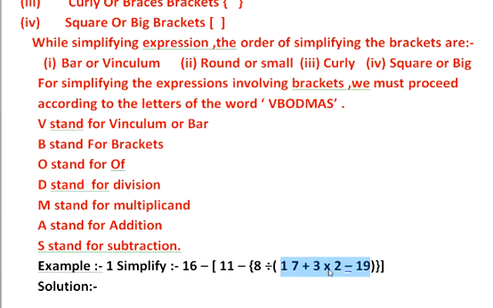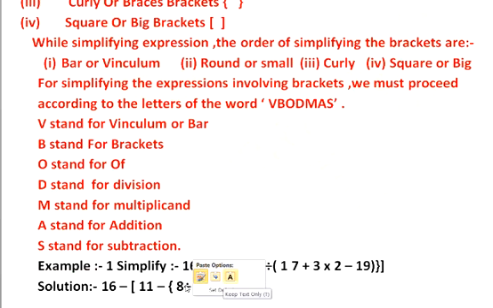So first we multiply, and the other numbers of the expression we write as they are. So 16 minus, square bracket, 11 minus, curly bracket 8 divided by, and first we solve the small bracket.